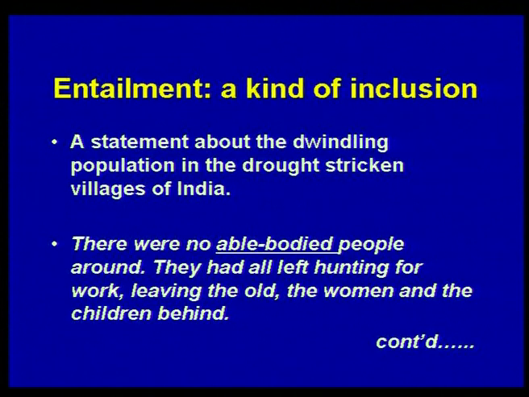But the next sentence shows that from this entailment, the women, the children and the old have been automatically removed, which means that when it was able-bodied people in the first case, the concept people meant only adult men.